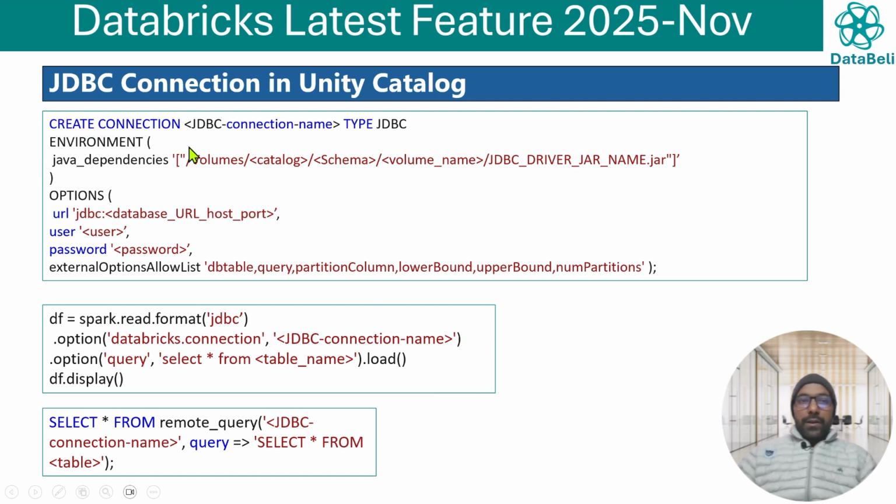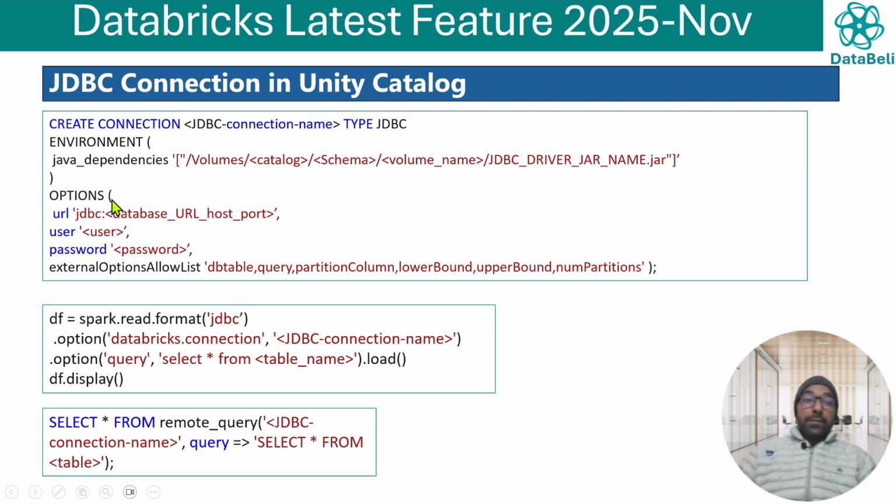So this is how we define it: create connection, then we provide a name to the connection we are creating. Type is JDBC, and then we need to specify the Java dependency, which will be the jar file of the driver used to connect to that JDBC, and this jar file has to be available in a Databricks volume, so that complete path we specify here.